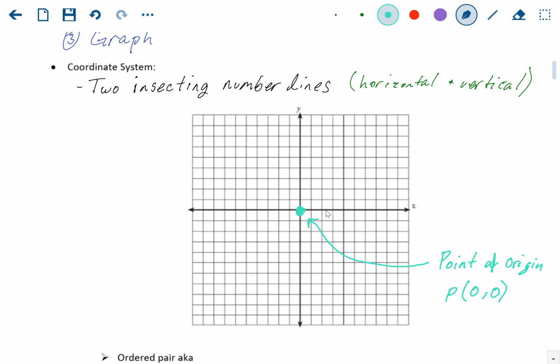You notice that we do get this grid pattern, right? So the 2 intersecting number lines break off into 4 separate regions. Those are called quadrants. So let's list that out. 2 intersecting number lines, horizontal and vertical, broken up into 4 quadrants.